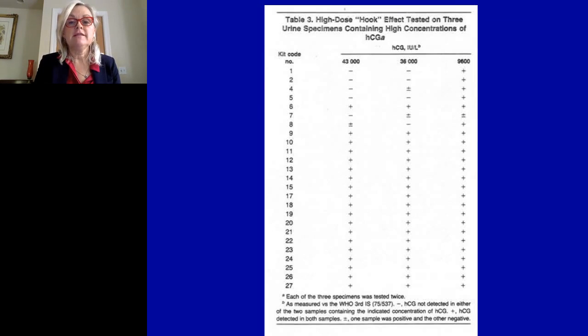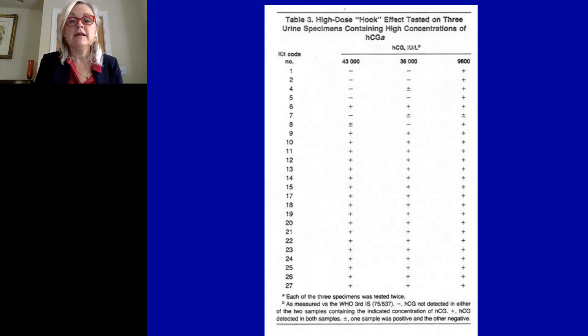So that being said, they went on and they looked at how many have a high dose hook effect. Now, hook effect is really remarkable when you see a very pregnant individual that's clearly pregnant, and yet they have a negative pregnancy test. Why does that happen?